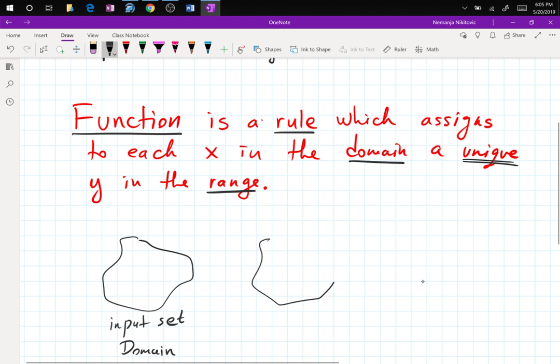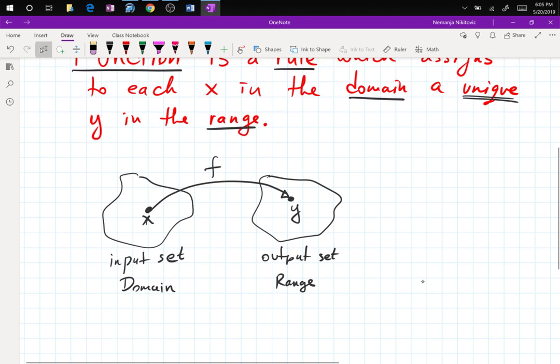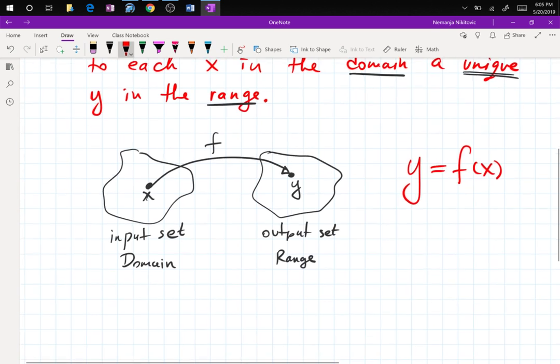And that set will map, using the function, the element into a y, which is the output set, which we call the range. And the notation for this is y equals f of x. So that's your notation.